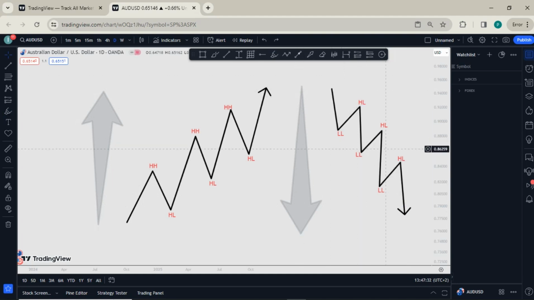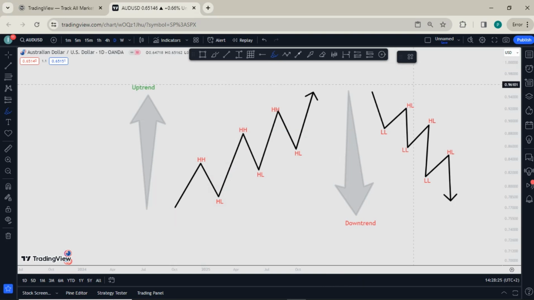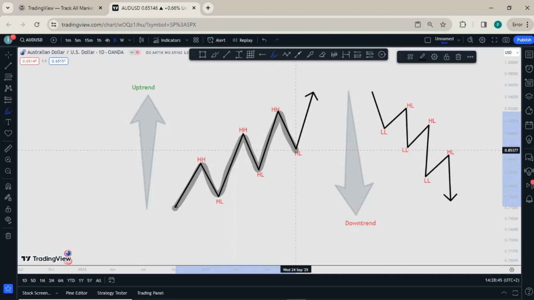So since now we understand, okay guys, an uptrend is going to look something like this. It's going to be our higher high, our higher low, our higher high, and our higher low, and our higher high, and our higher low, and our higher high, and so on on an uptrend.